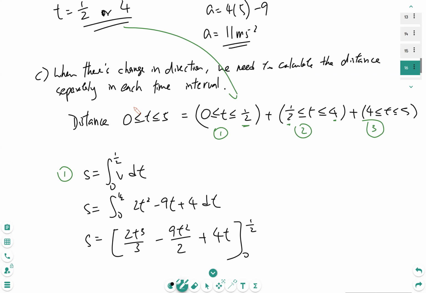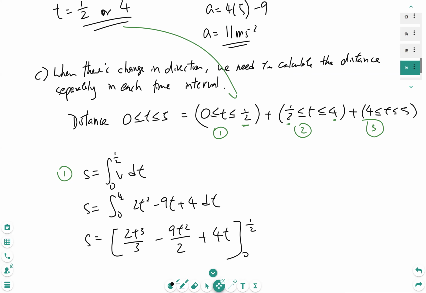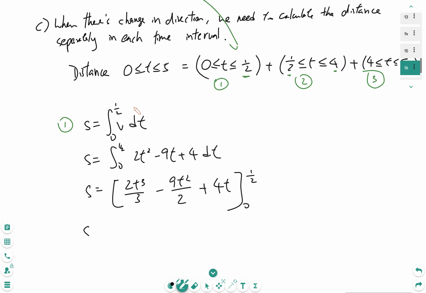So you sub in a half and sub in 0. When you sub in a half, you should get 15.958, minus what you get when you substitute 0.